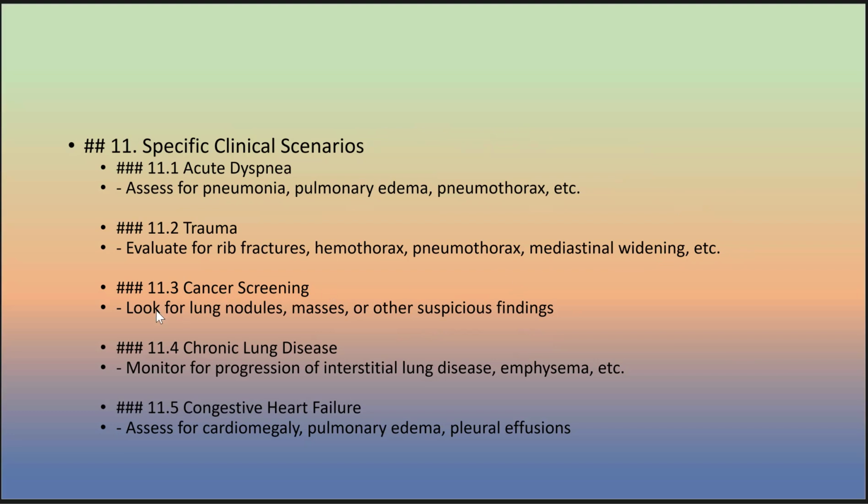Cancer screening: look for lung nodules, masses, and other suspicious findings. Chronic lung disease: monitor the progression of interstitial lung disease, emphysema. Congestive heart failure: assess the cardiomegaly, pulmonary edema, and pleural effusion.